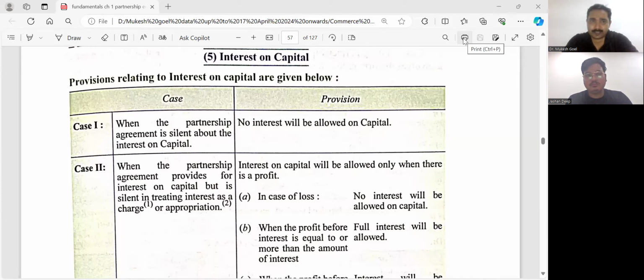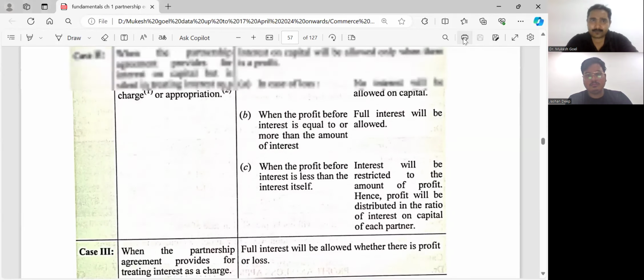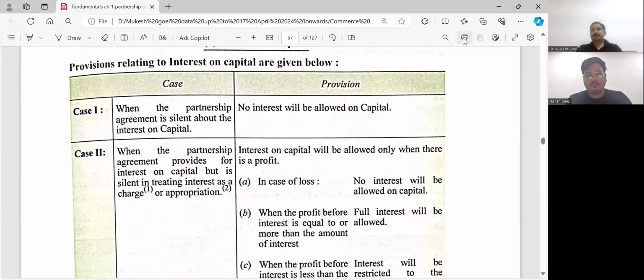There may be three cases. Case number one: when the partnership deed is silent about interest on capital, then there will be no interest on capital.